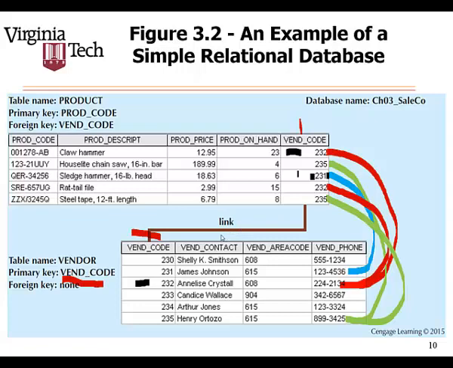We create this link logically, there's no actual string or anything. We create that link by storing the value of the primary key as part of the row in the foreign key.